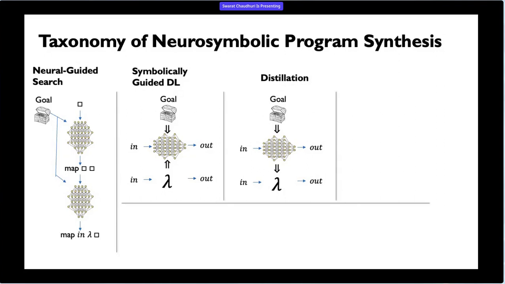Now, of course, we are PL people, we know better. And in particular, we know that there's a lot of benefit to having a representation of the thing that you're trying to learn as a program. For one, we have an entire toolkit of program analysis and program reasoning techniques that we can bring to bear on these representations to do things like verification, for example, that are much harder to do in these representations.